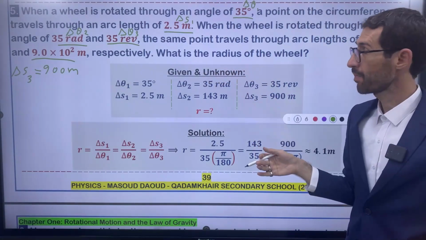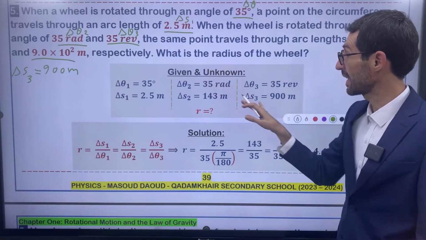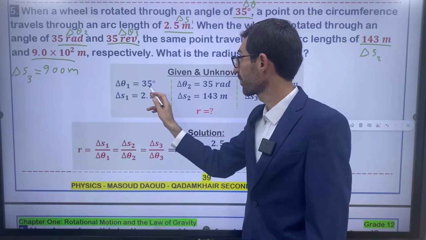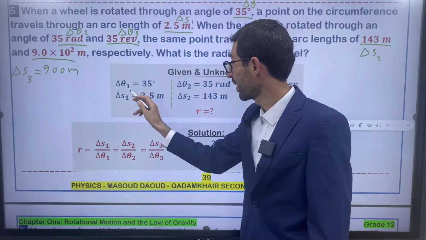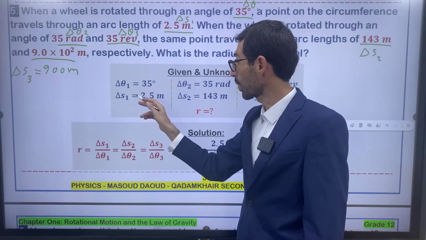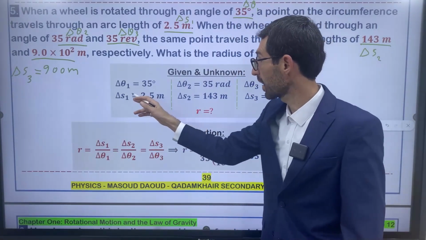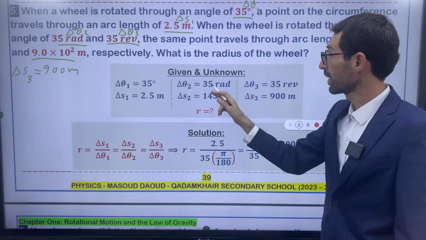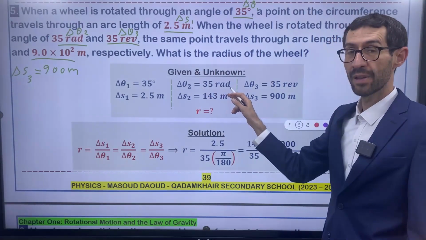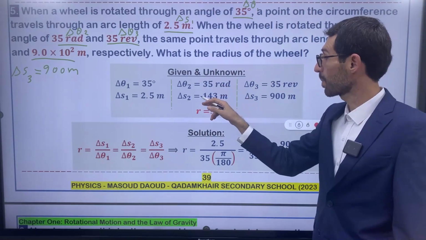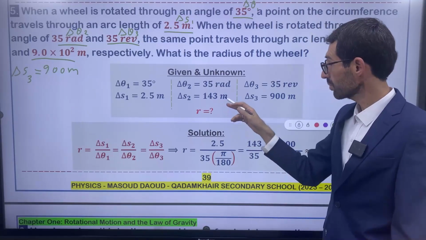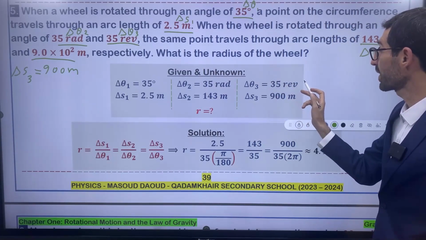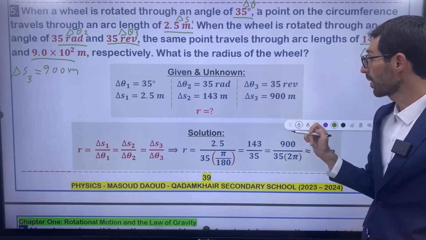Let's separate them and I summarize them here in this box. For example, delta theta 1, 35 degrees, its corresponding arc length is delta S1, which is equal to 2.5 meters. Delta theta 2, 35 rad, its corresponding arc length is equal to 143 meters. And the third one, 35 rev, this is the angular displacement.